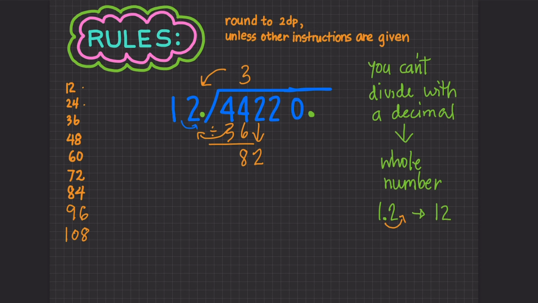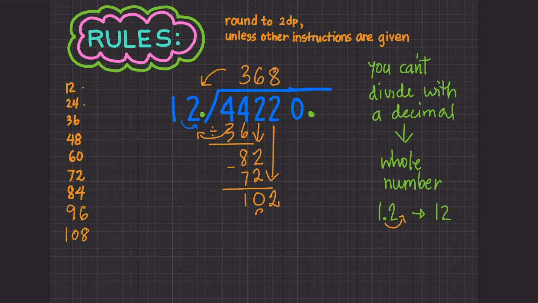Looking here again, we're using this: 1, 2, 3, 4, 5, 6. So we know there are 6 groups of 12 in 82, and that's 72. So this is 10. We bring down the next digit, which is a 2. We have 102. We're using this, so that's 1, 2, 3, 4, 5, 6, 7, 8. So we know there are 8 sets of 12.